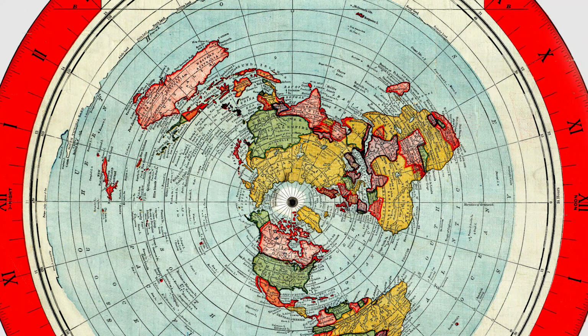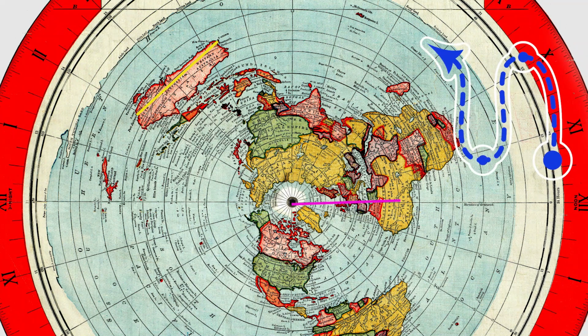We mark it with a yellow line, and then we copy it and place it at the North Pole, and we can measure to Africa. We end up somewhere in Burkina Faso, and here is the equator, and the distance between the North Pole and the equator is 10,000 kilometers.